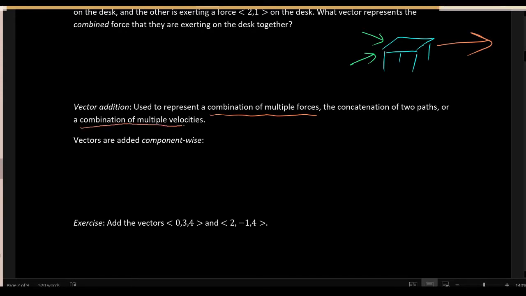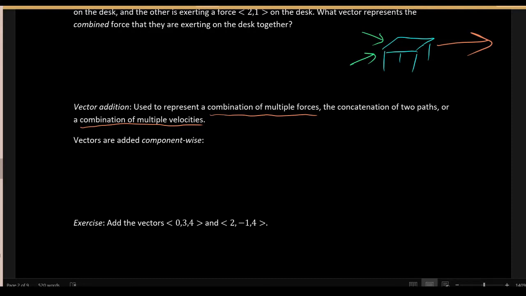For example, if you've got an airplane flying in the sky, it has a velocity independent of any wind or air movement. But if you have a wind that's going against the direction of the plane, then the velocity of that wind will combine with the velocity of the plane to impede the plane's movement slightly and slow it down. Vector addition can also be used to analyze that situation.